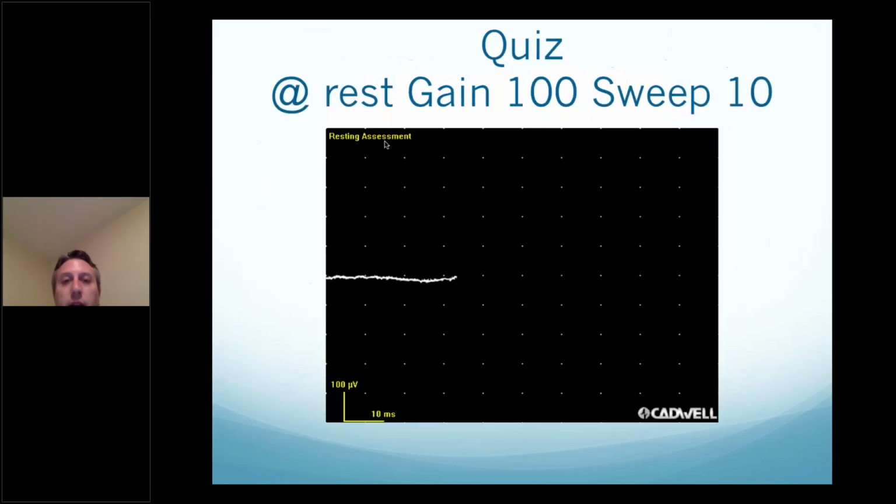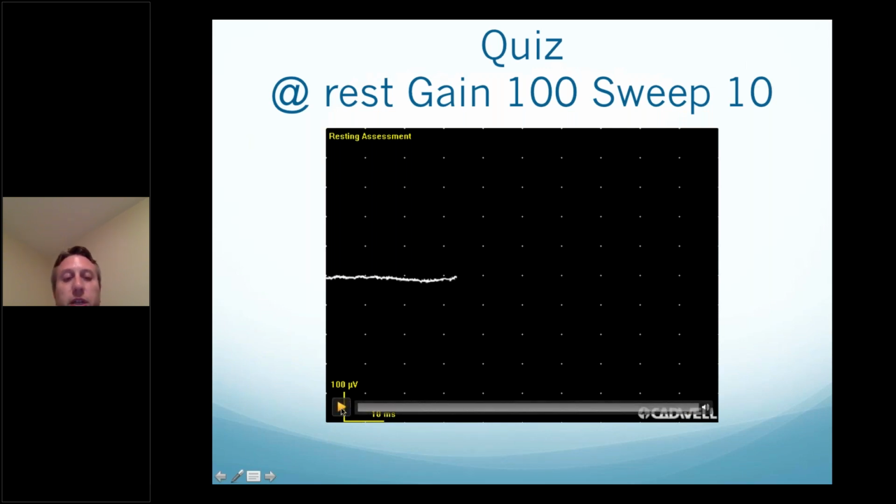Okay, so let's take a look at some different types of waveforms. The person is at rest, the gain is at 100, and the sweep is at 10.